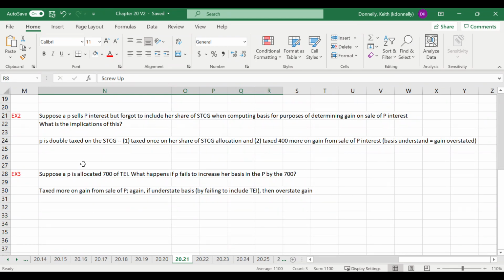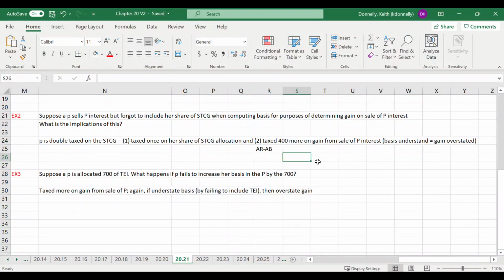Once we're taxed at our individual level on the short-term capital gains, and then again when we sell our partnership interest and do the AR minus AB. Our adjusted basis is going to be understated, which means we're going to have an overstated gain.